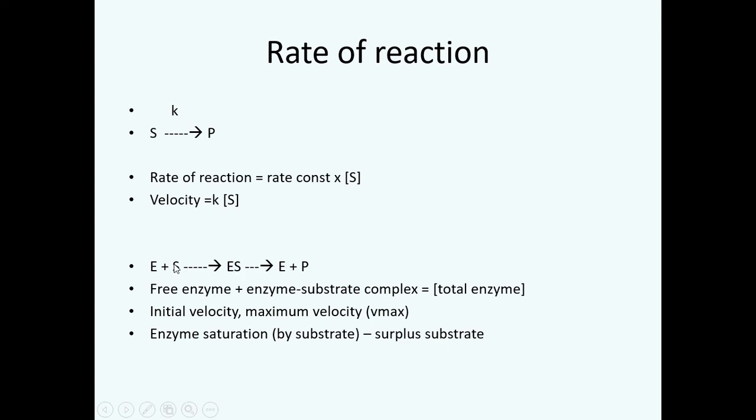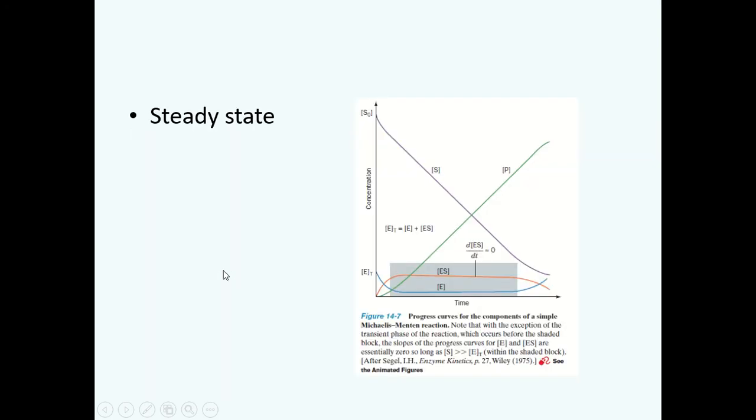Free enzyme binds to the substrate, is converted into the enzyme substrate complex, converts it into the product, free enzyme is released, and eventually it is going to bind again to the substrate. So that means that at this particular concentration of the substrate, when it is saturating, the concentration of the enzyme substrate complex is maintained. It remains steady.